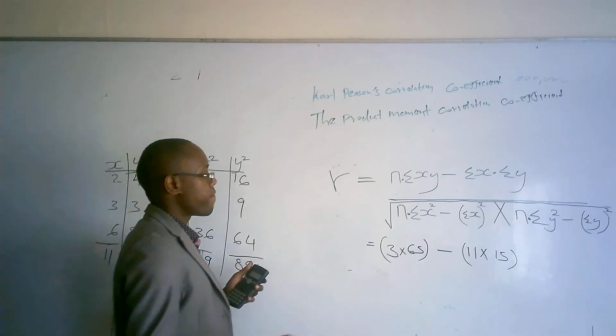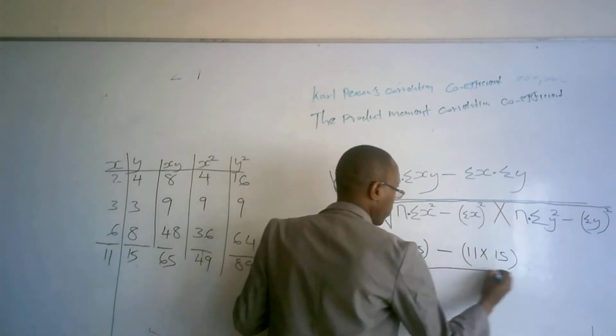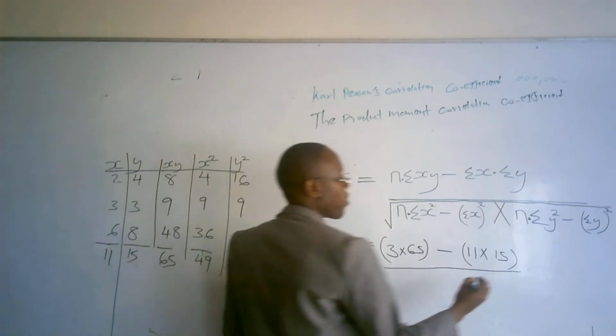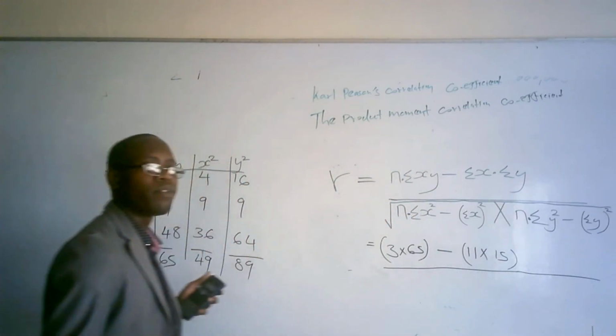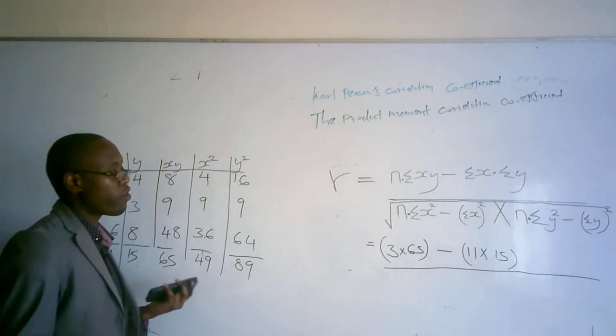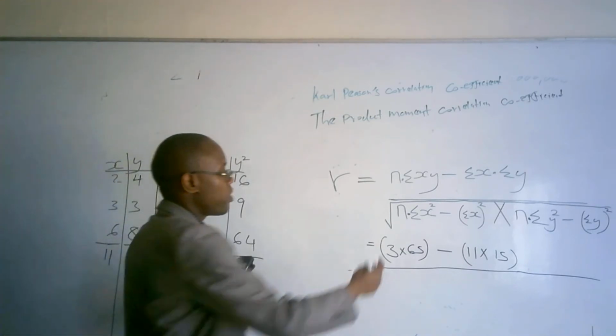And then over, you see everything is over n. Maybe before we go to n, there is a likelihood that you may end up forgetting this root.